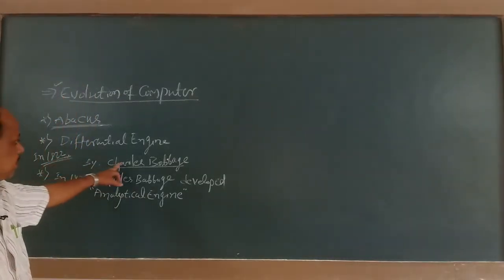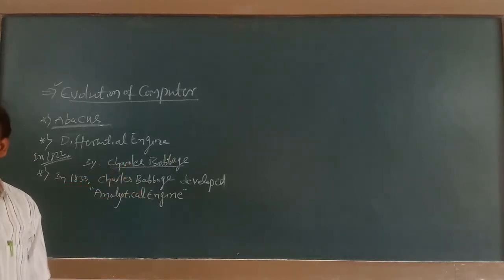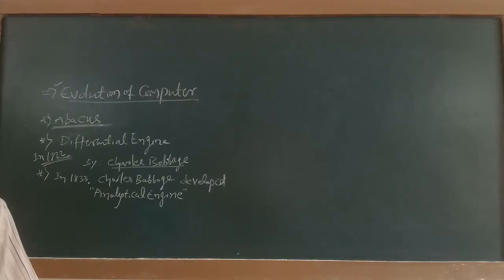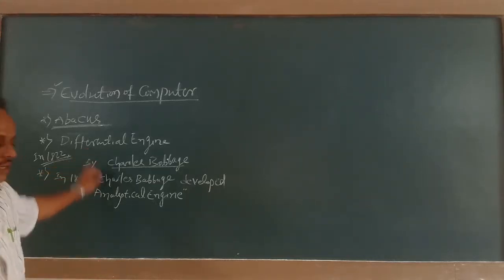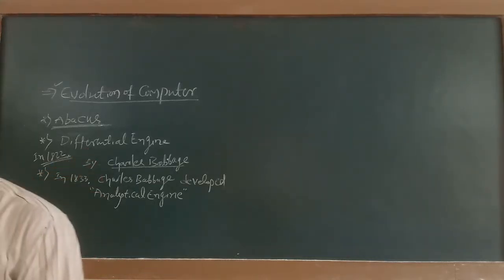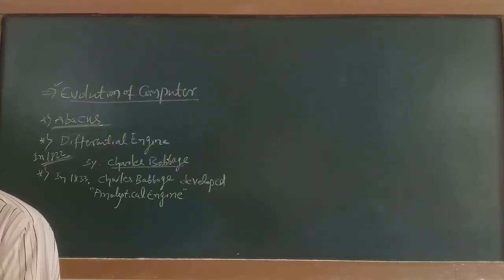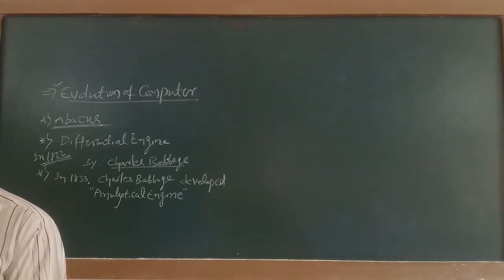Means in 1822, a person called Charles Babbage, belonging to Cambridge University, developed a machine that is called a differential engine, and this was a hand operated machine built with wheels. It was used to calculate various mathematical functions.